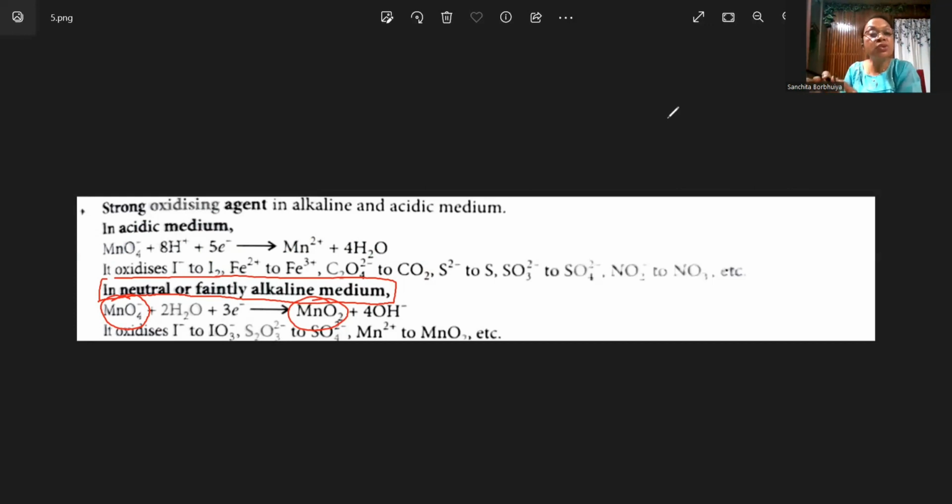If it is neutral, the side product is MnO2 and not Mn2 plus, in case MnO4 minus is behaving as the oxidizing agent. In that case, the I minus gets oxidized to iodate, IO3 minus, the S2O8 2 minus, the persulfate, gets converted to sulfate, and Mn2 plus gets converted to MnO2. So this is how you are to take up this redox reaction.